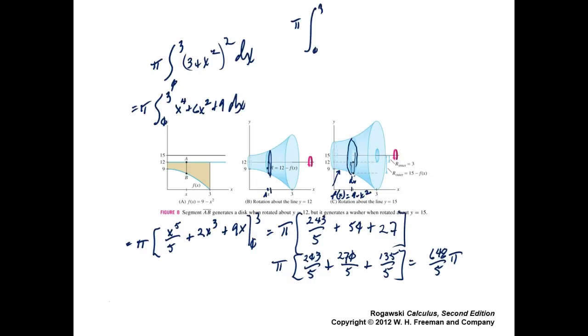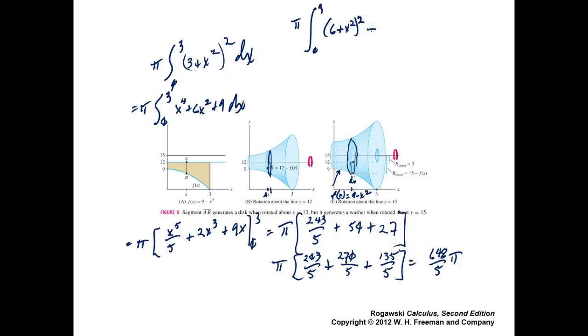Okay, so it's 15 minus the 9 minus x squared, which would be 6 plus x squared, minus a minus, right? All right, so the outer radius would then be, you got your pi on the outside, and you said 6 plus x squared, squared.